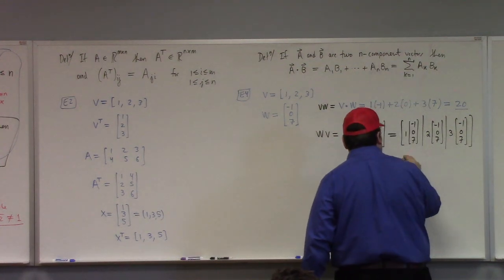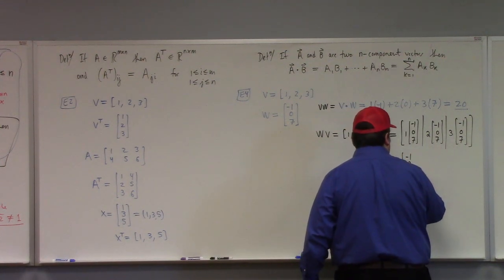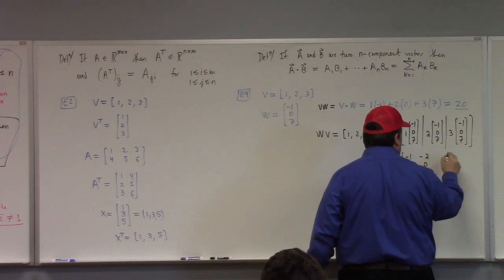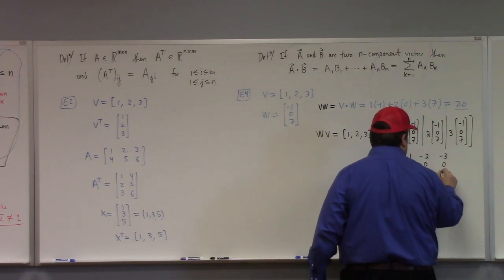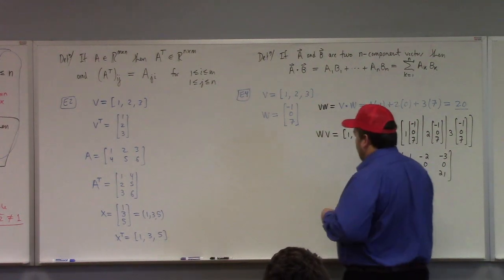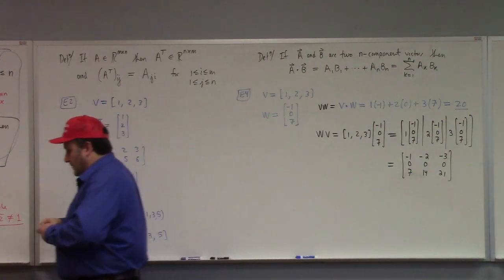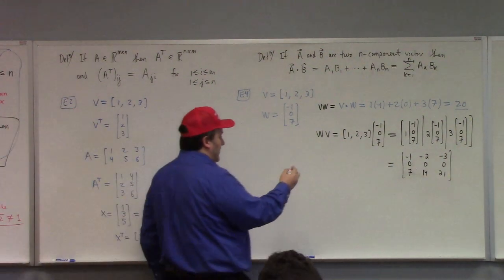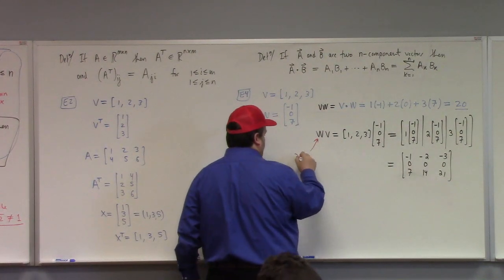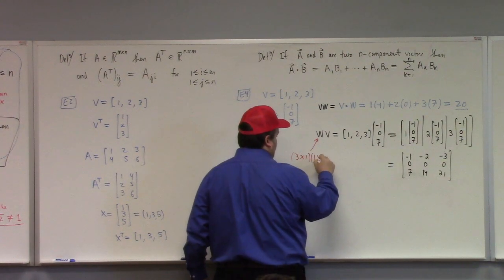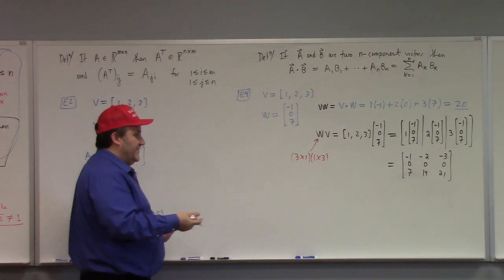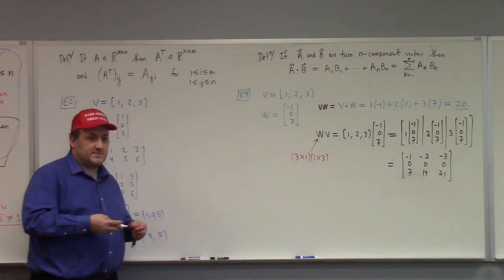Let me write that out. What we got is -1, 0, 7; -2, 0, 14; -3, 0, 21. That makes sense because what we're doing is multiplying a 3 by 1 times a 1 by 3, and that gave us a 3 by 3 matrix.